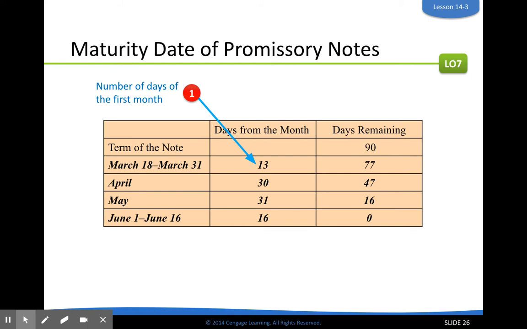In the month of March, 13 days, leaving us with 77 days left of the note, 90 minus 13. Then April has 30 days, so 77 minus 30. Now we have 47 days left. 31 days in May, 47 minus 31, we have 16. 16 days remaining, so June 16th would be our due date.